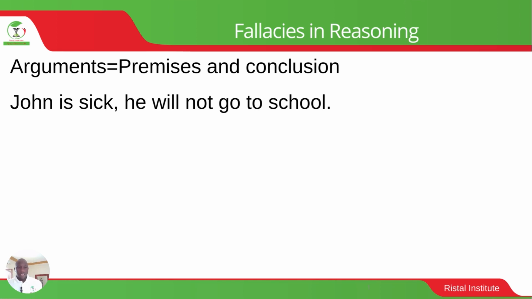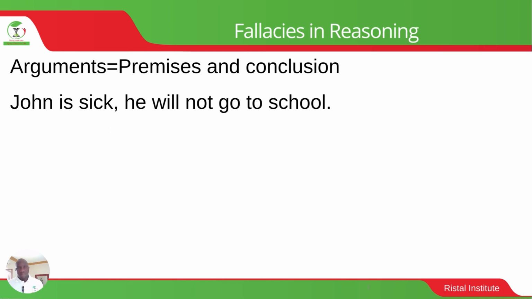We can basically start by reminding ourselves of what arguments are, and then we can go into details of looking at the different fallacies that can be detected in reasoning and how to avoid them.